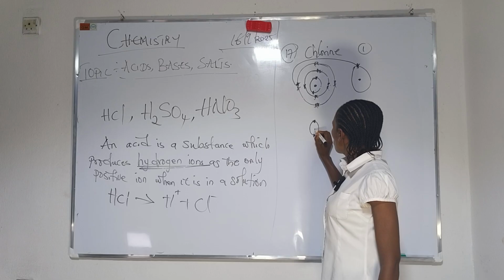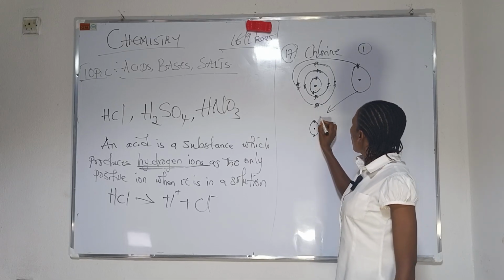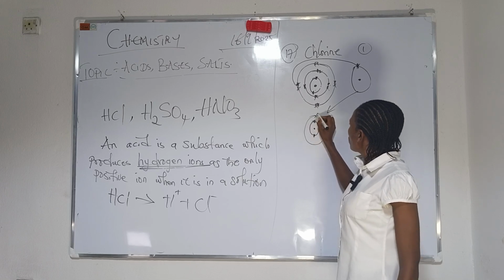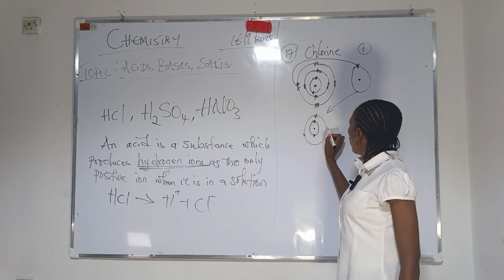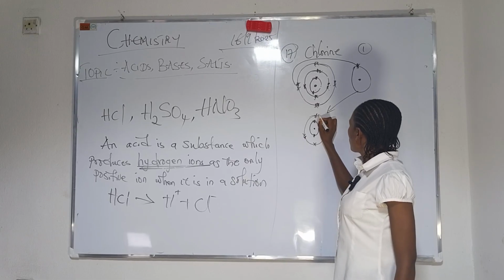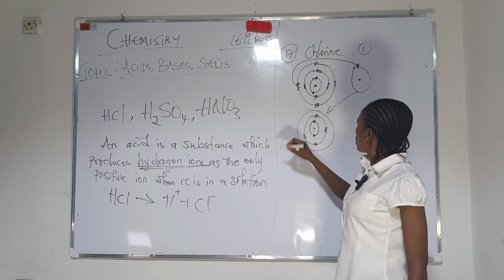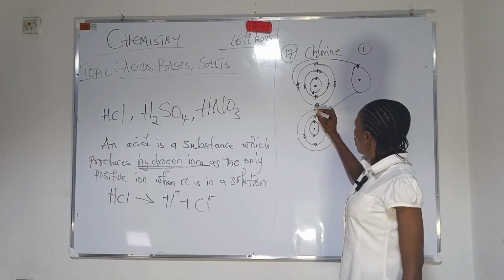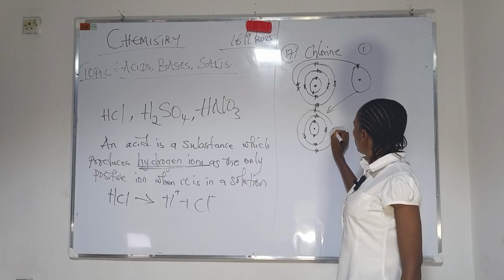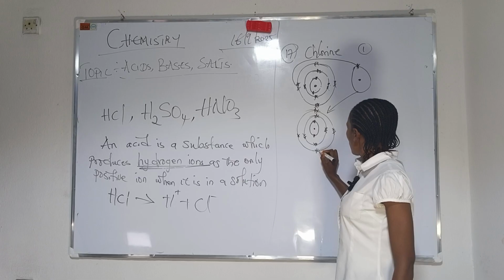1, 2. I'm talking about the product. 3, 4, 5, 6, 7, 8, 9, 10. The third shell now, we are going this way. 1, 2, 3, 4, 5, 6, 7, 8.